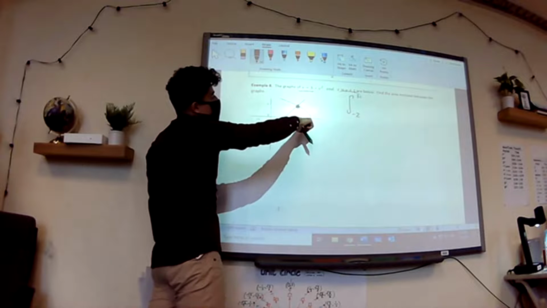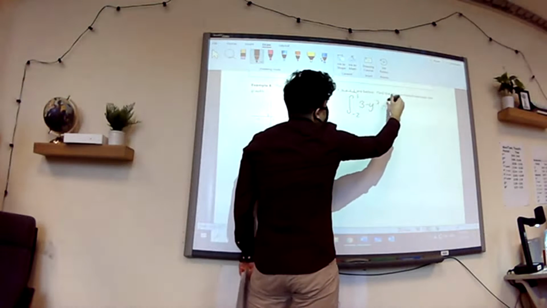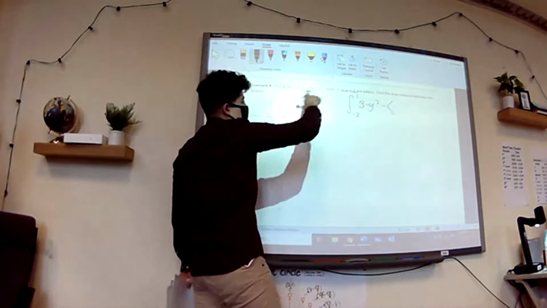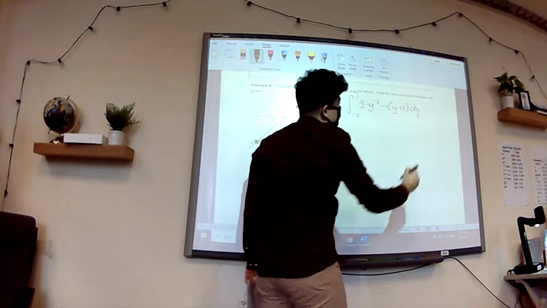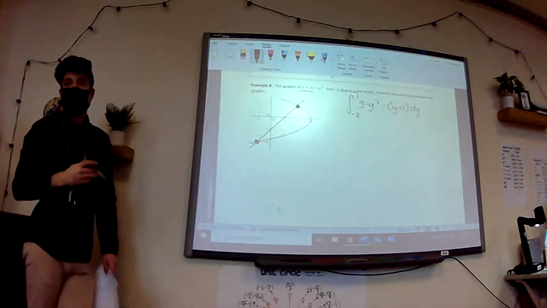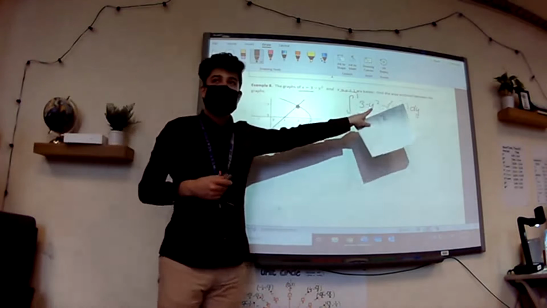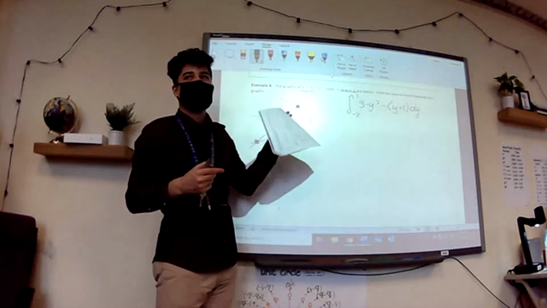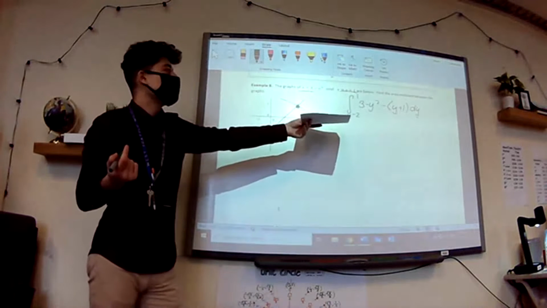Okay, so the right function is this 3 minus y² minus the straight line would be y plus 1. All right, cool. You see why I'm doing it dy? Did that make sense? Why we're doing it horizontally? It's much easier. Okay, all right, and then you just do it the same way.